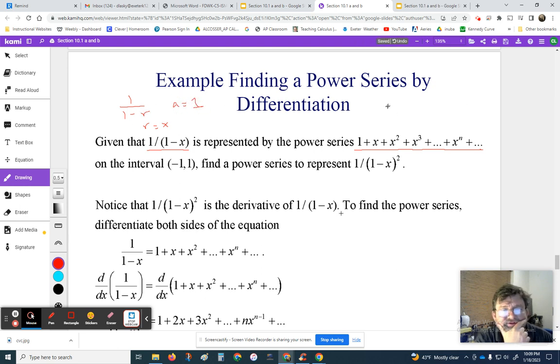So then we have this idea of our geometric series, which is the sum from n equals 0 to infinity of a times r to the n minus 1.